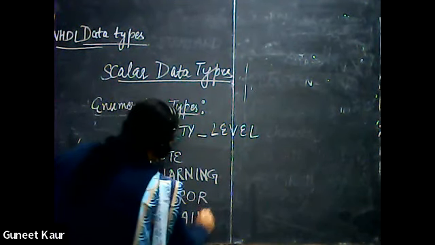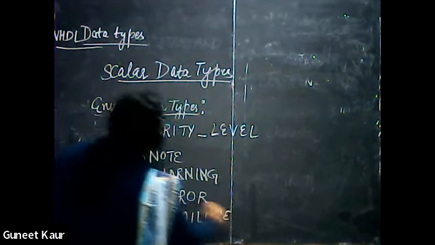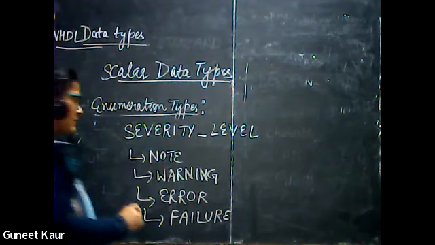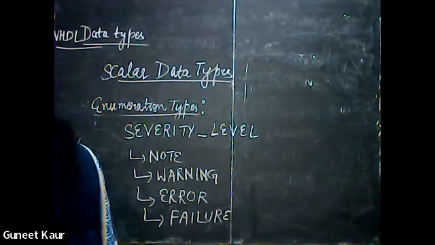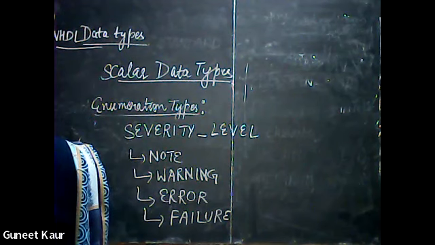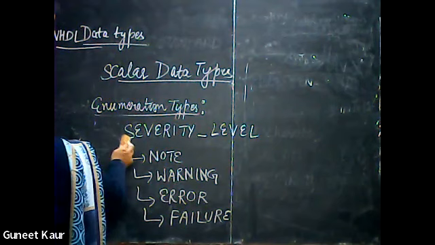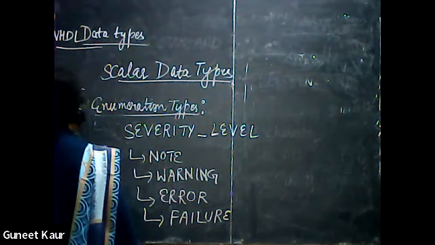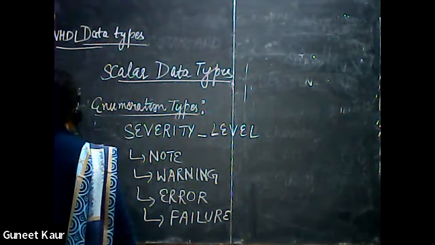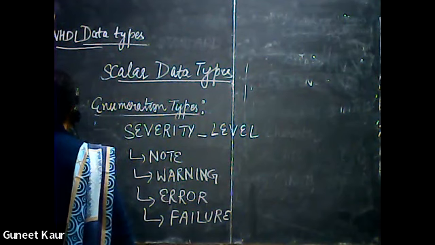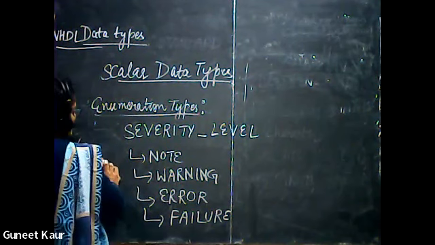These four are the literals used in severity_level. This type is basically used in assertion statements, which will be discussed in further lectures also.